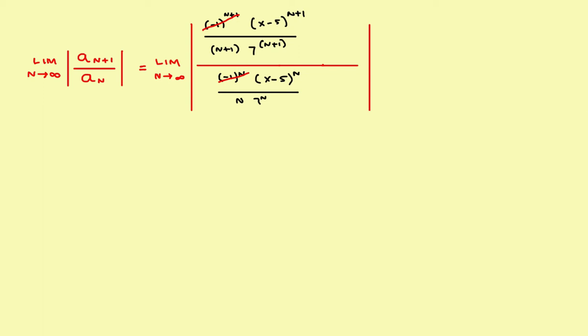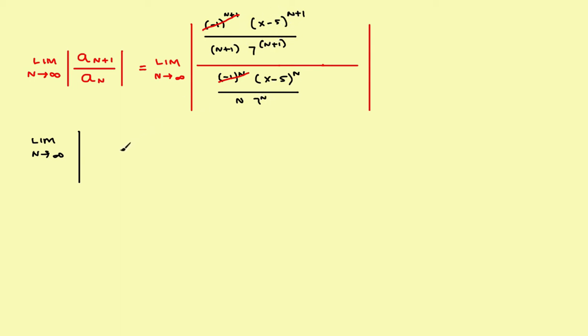And if you take that as a first step, that'll make things a little bit easier as we go through the rest of it. So now we'll do just what we've done in the other videos. We'll make this be the limit as n goes to infinity of the absolute value. And again, we'll change it from a division problem into a multiplication problem.